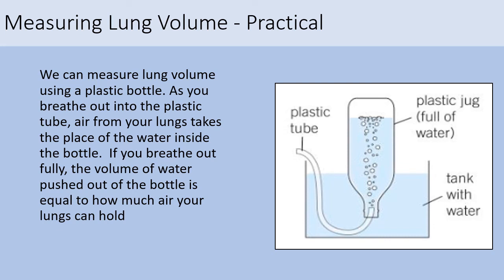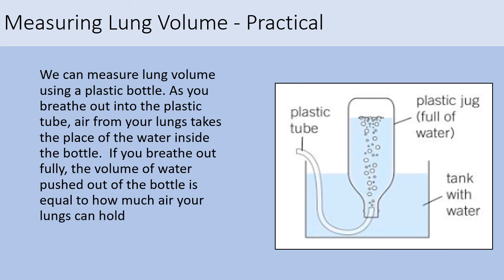Okay, so if you take a few normal breaths and then on an exhale, when you breathe out, you breathe into the tube. As you breathe out, that will remove the water from the bottle as it fills up with the air from your lungs.